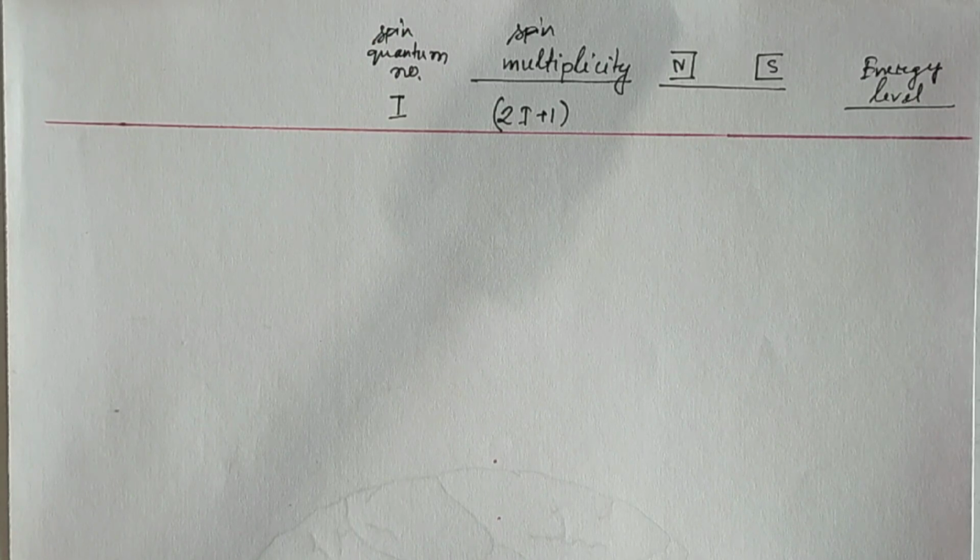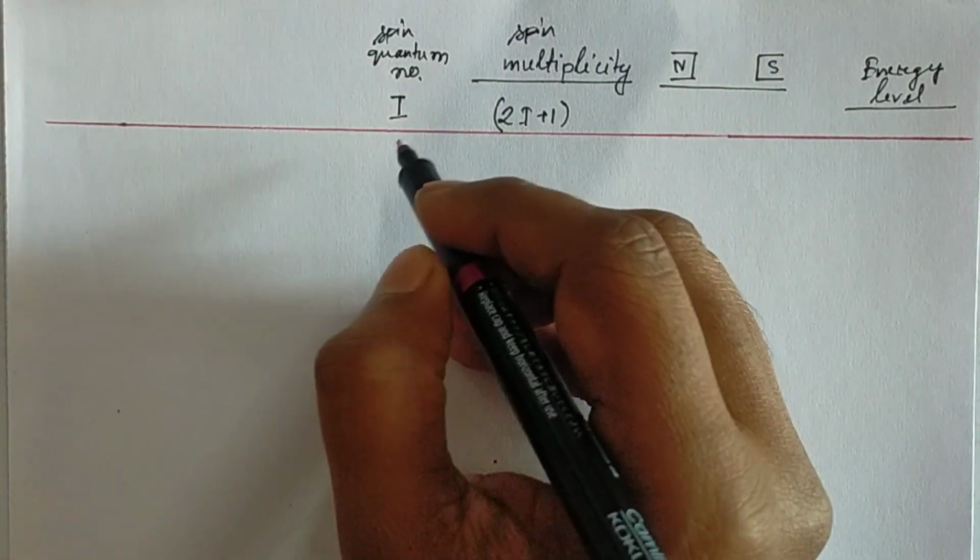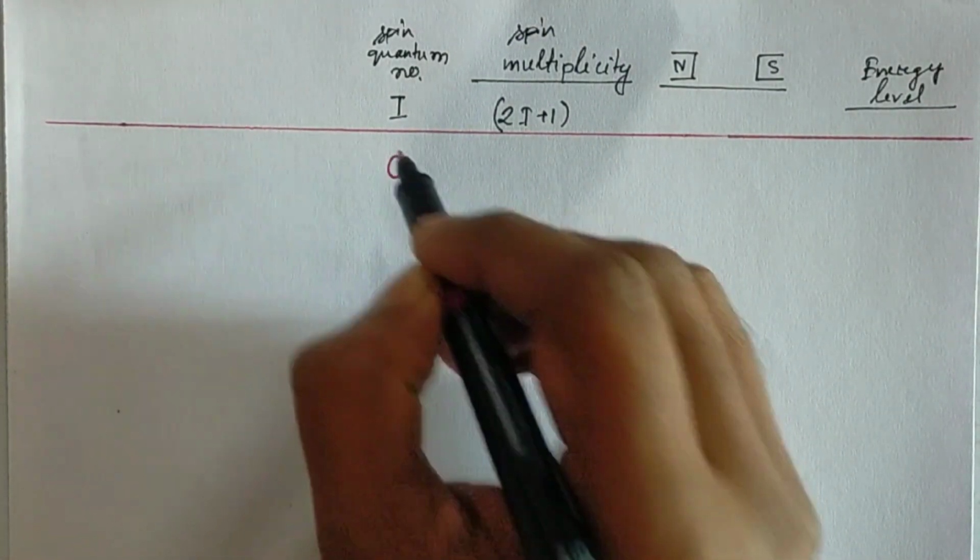Now let's discuss with different spin quantum numbers and spin multiplicities how the nucleus orients itself in the external magnetic field, and how the energy level will vary. Suppose the spin quantum number I is 0.